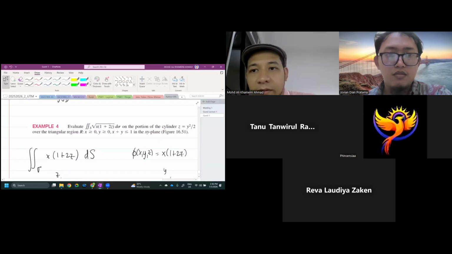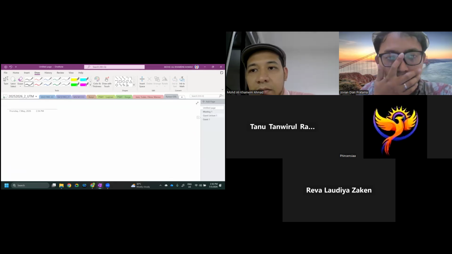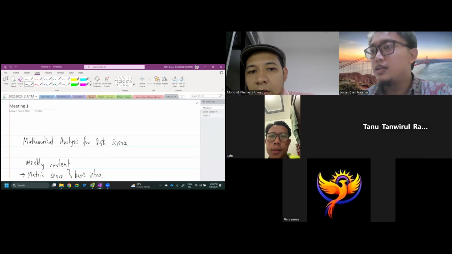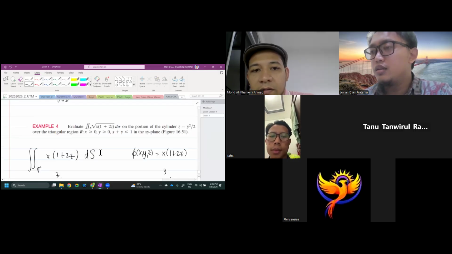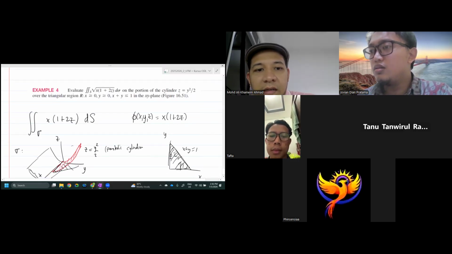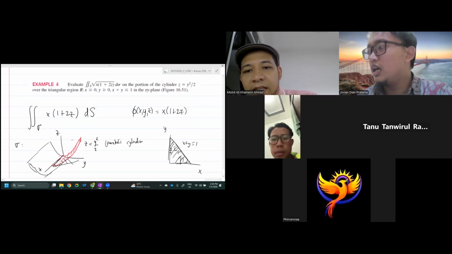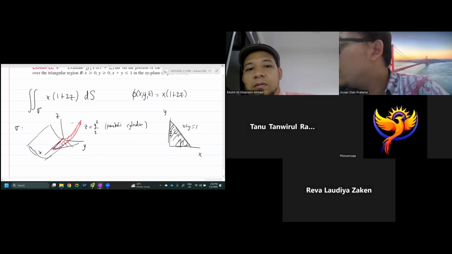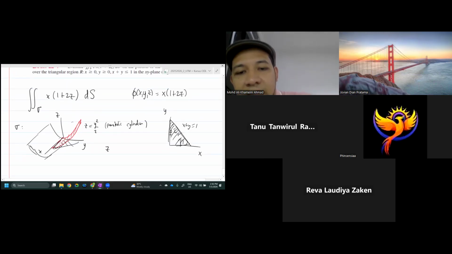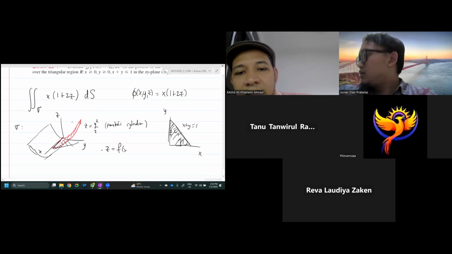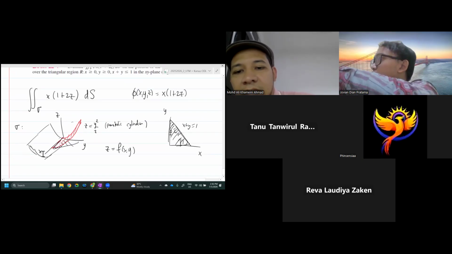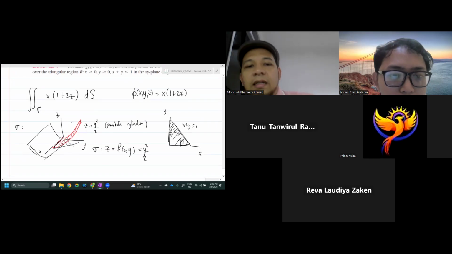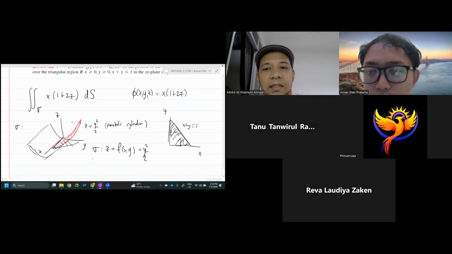If you see from here, you notice that it is given explicitly: z equal to y squared over 2. So you can have z equal to f(x, y) equal to y squared over 2. This is our sigma, given over the region this one.